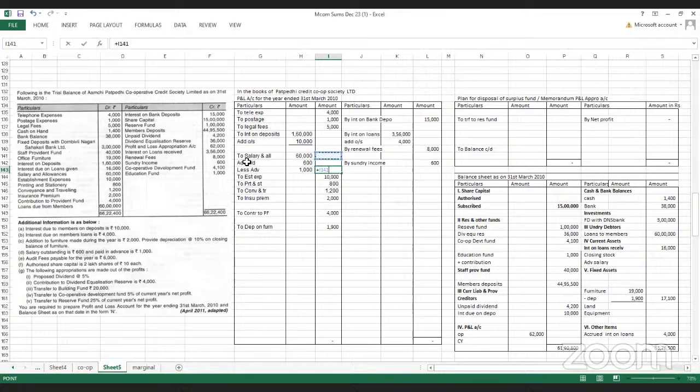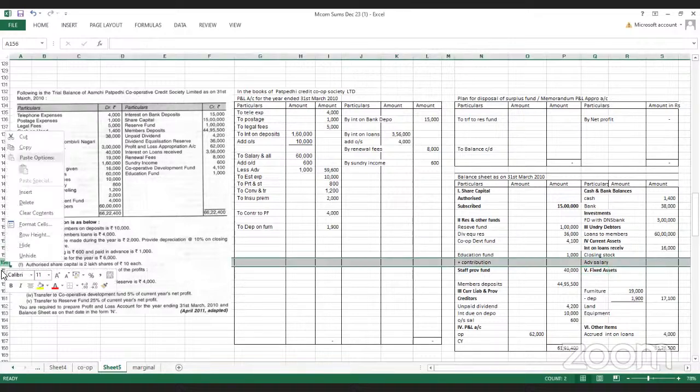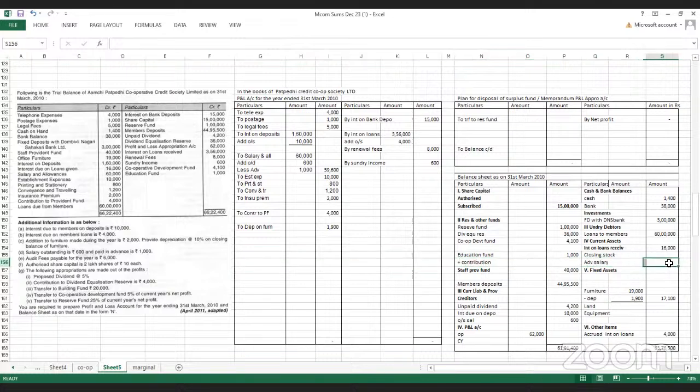Please do it. 60,000 plus 600 minus 1,000. Okay, 59,600. Now outstanding will come under liabilities, current liabilities, outstanding salaries 600, and advance. And here also I have to draw one more line. The advance is already there, right? Here advance is 1,000.